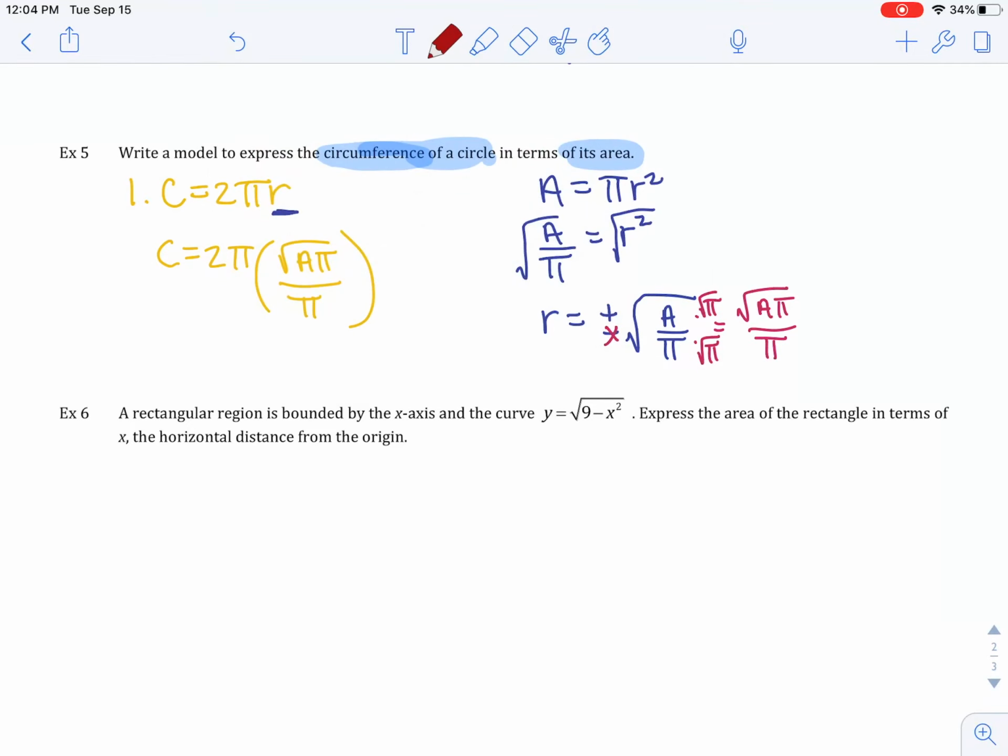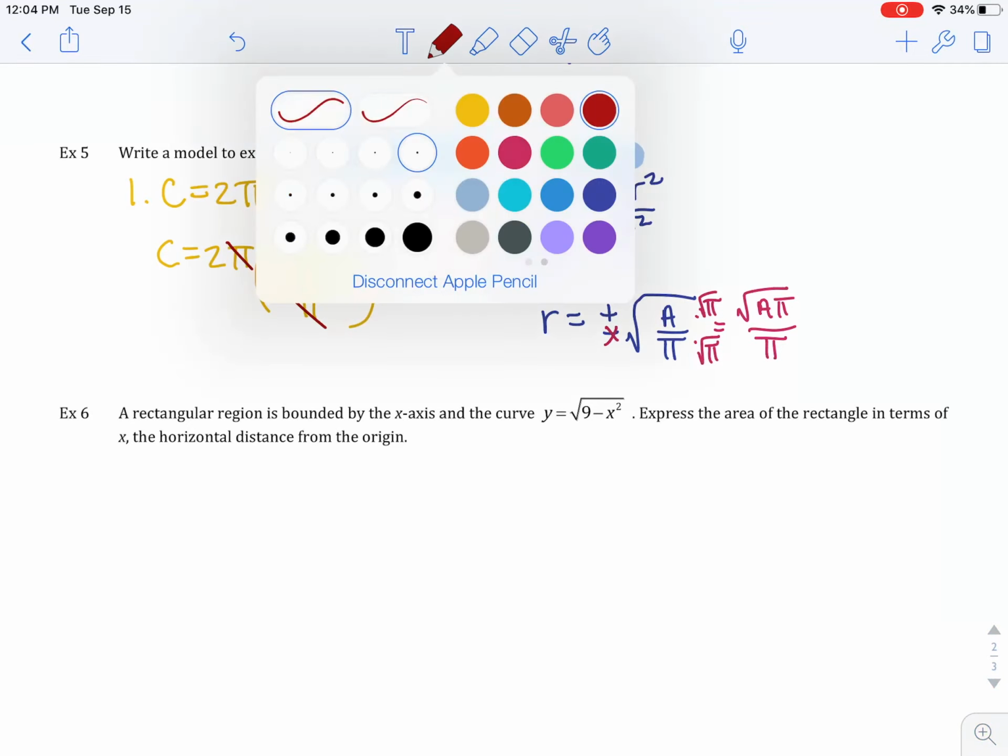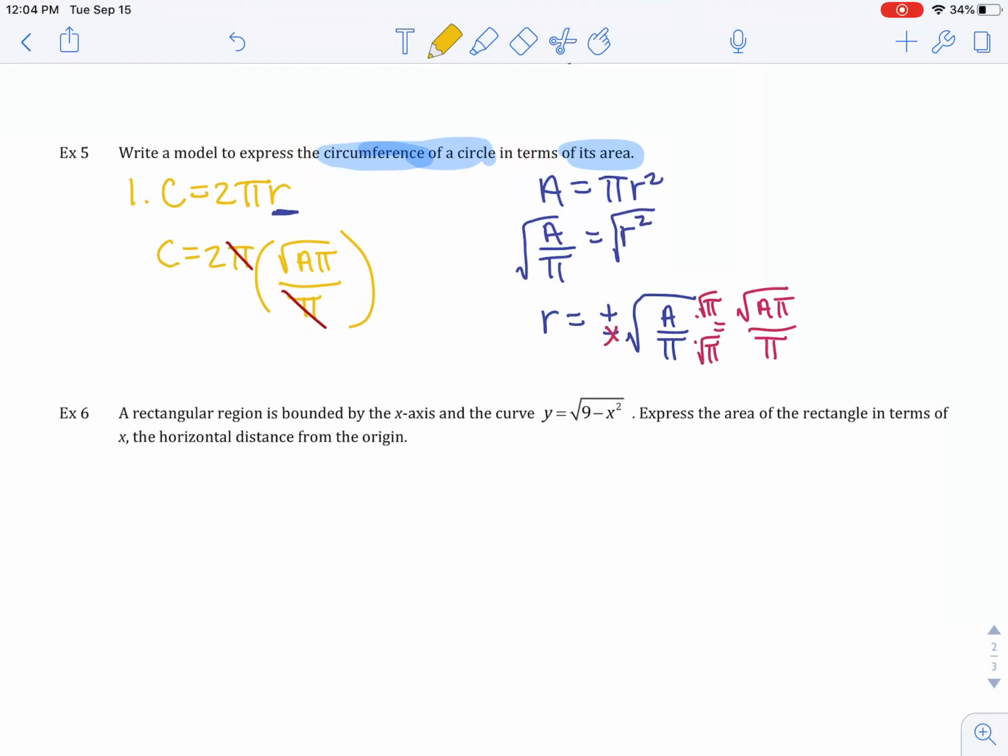I have a pi in the top and in the bottom. So I have the circumference is equal to 2 square roots a pi. That is our final answer. I know it looks like we just made it super crazy, but that is it. So this is expressing the circumference of the circle in terms of the area.